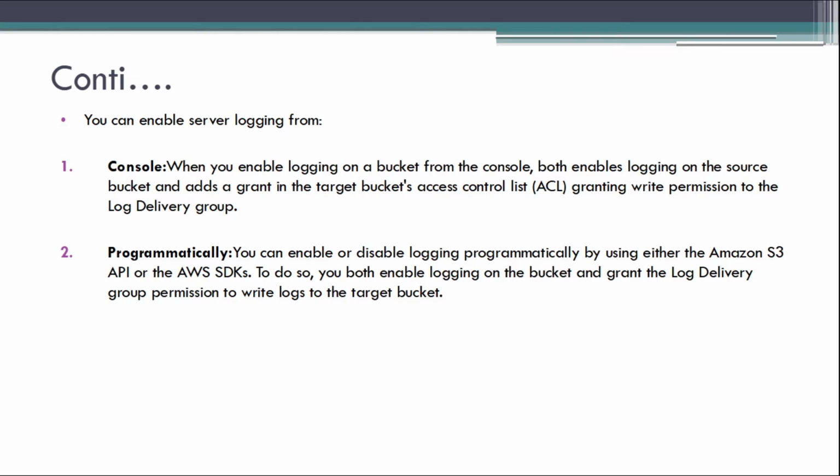You have to enable it separately, in separate commands. You have to do it manually, both steps: enabling server access logging plus granting the Log Delivery group permission on your target bucket.